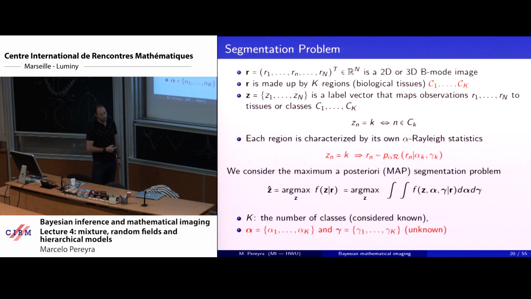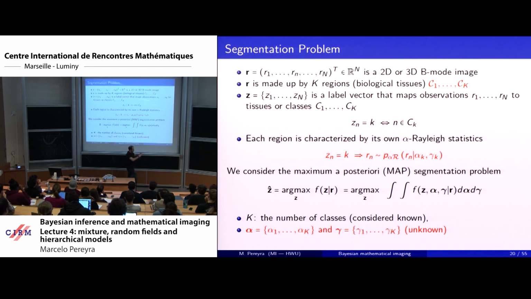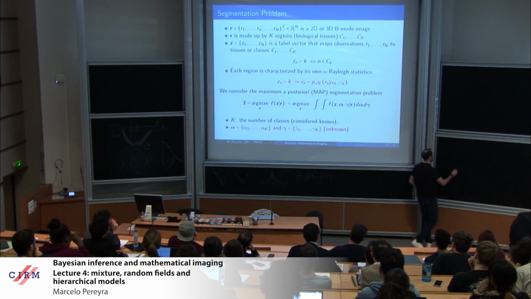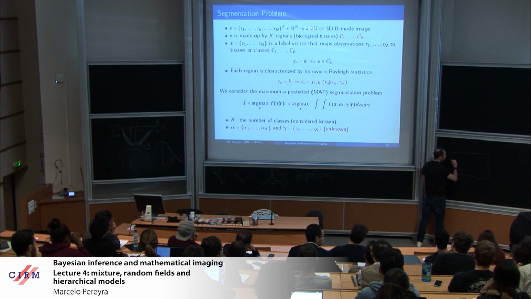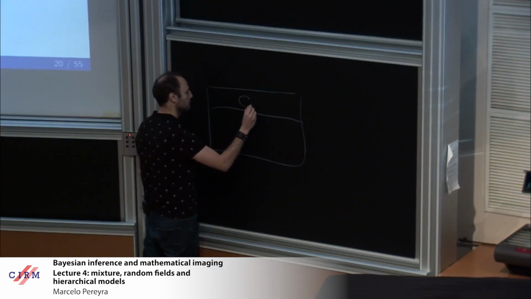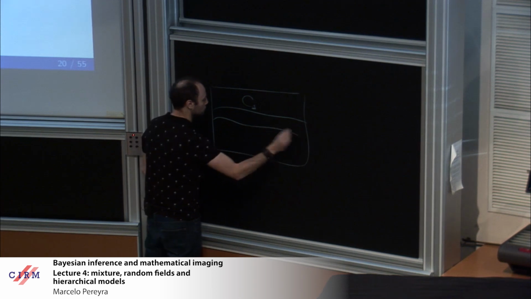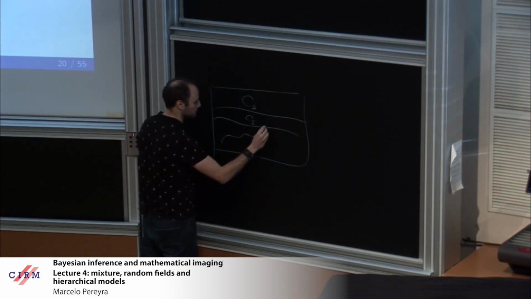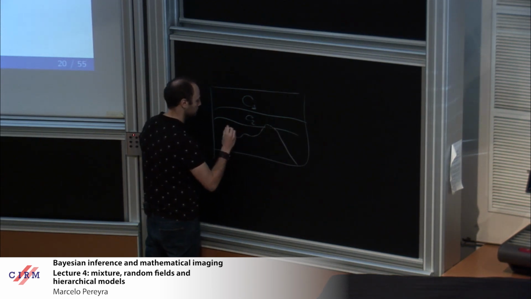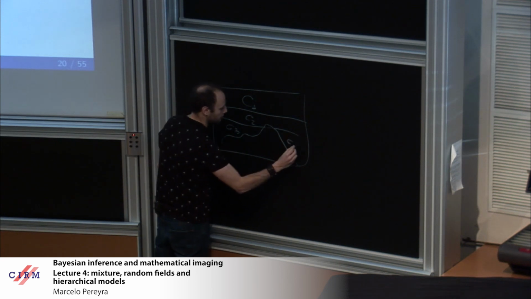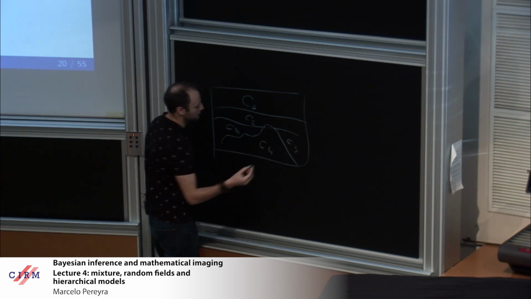Well, the first thing we need to do is come up with a model for a biological tissue that we're going to split into different classes. So let's say this is my image. I'm going to say, well, this is maybe region 1, and this is maybe region 2, and maybe this is region 3, and then this is region 4. I don't know.